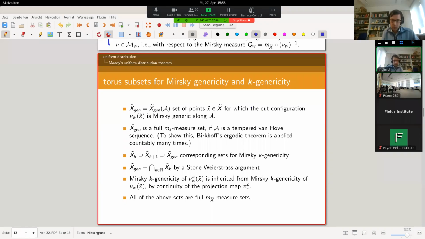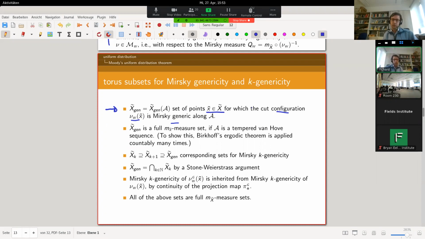Just to say a bit about this, of course, if you think of genericity, you get full measure subsets. So think here of the set of all points on the torus such that the cut configuration is Mirsky generic. And this is a full measure set. This is a standard argument.